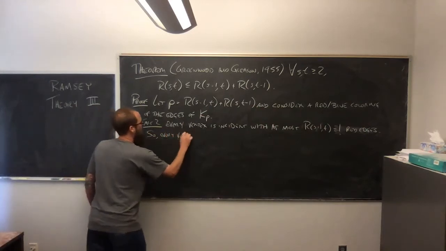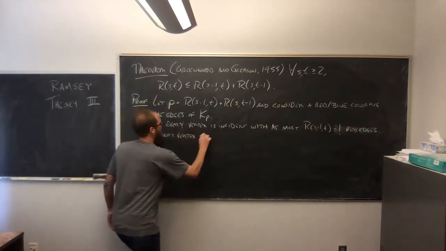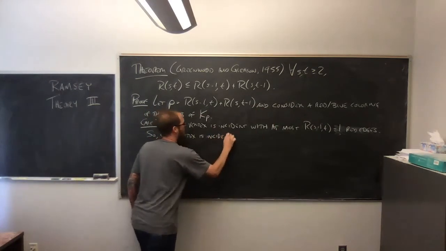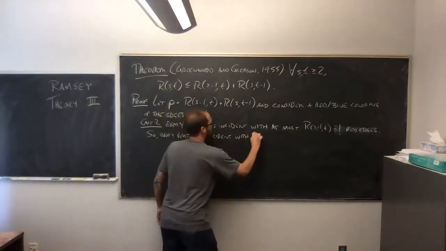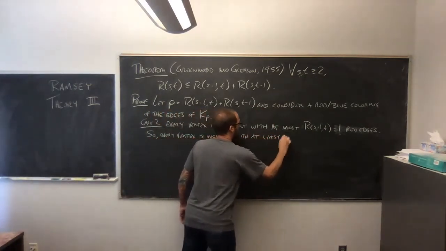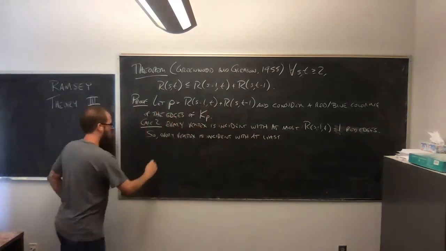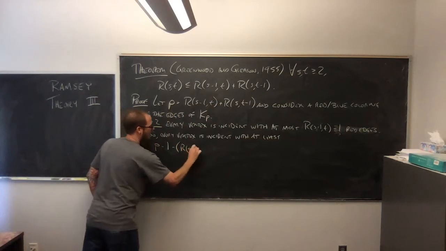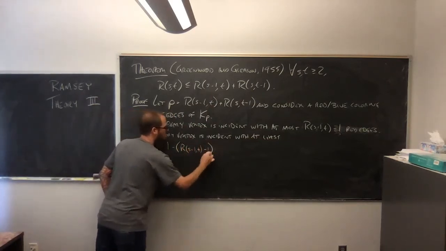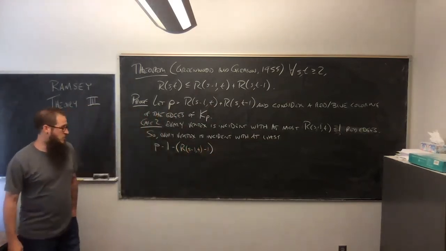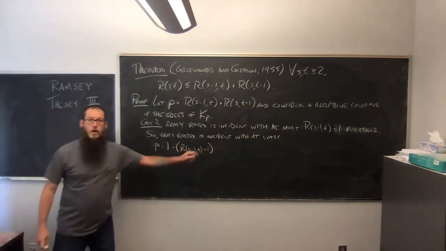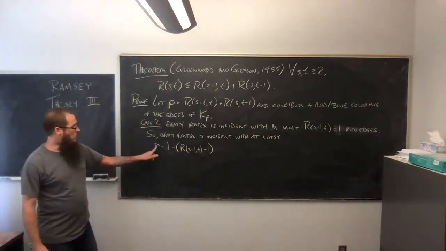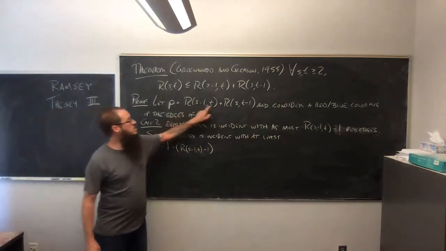So every vertex is incident with at least P minus 1 minus (R(S minus 1, T) minus 1) blue edges. Notice I can cancel the ones. And if I look at what P is equal to, well, P is this sum.